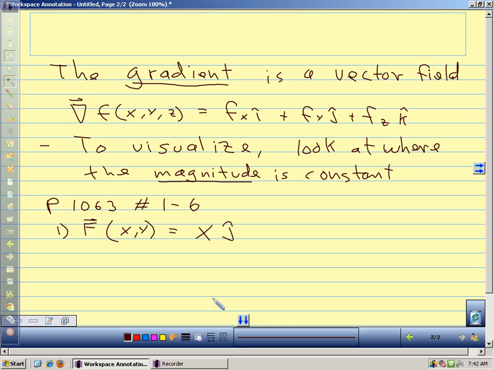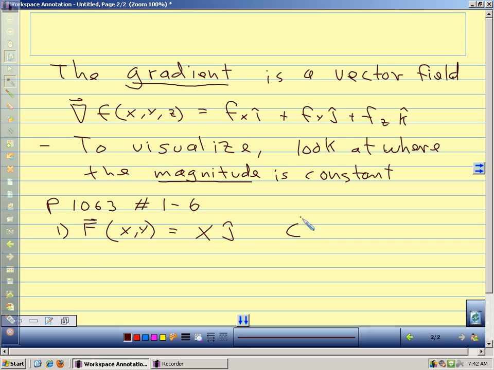So what kind of thing gives us a constant x value? A vertical line. And so we're going to have vectors with a constant magnitude along vertical lines, and the vectors are going to point in the j direction. So which one does that match? C. So that matches C.